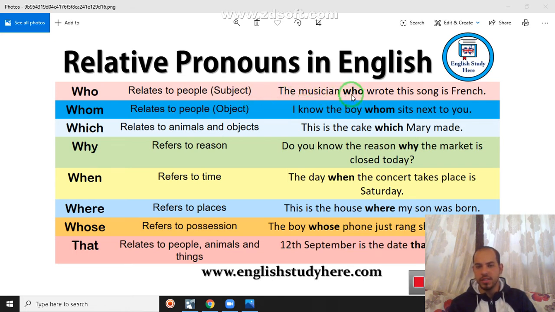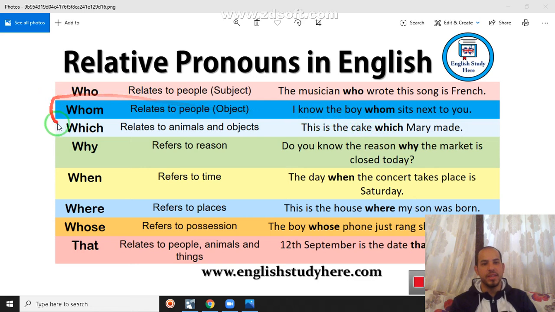So who describes the subject and describes a person or a group of people. Okay, whom relates to people, but in the place of the object. For example, I know the boy whom sits next to you. So I is the subject and the boy is the object, and whom is describing the object.